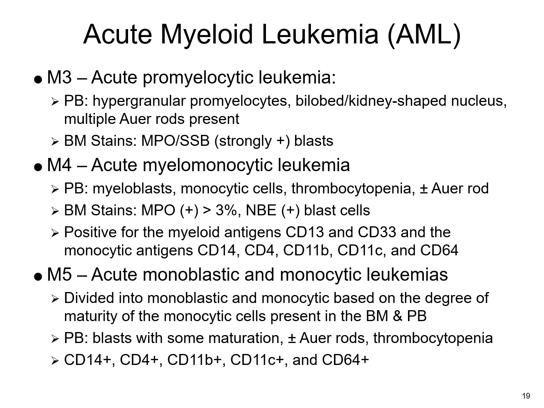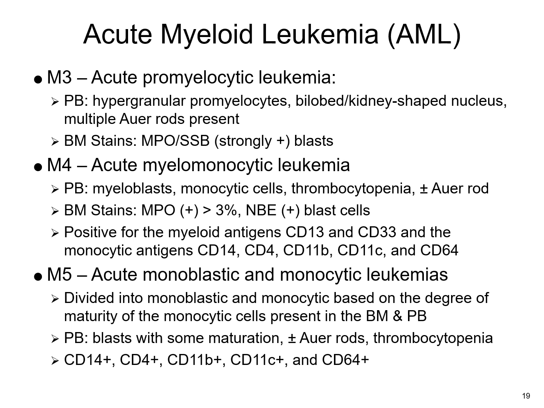And then your further classifications, once you hit that M3, you're going to have some real strong positive reactivity with your myeloperoxidase or your Sudan black B stains. With this particular one, your book doesn't really mention much about it. You can still see this in a lot of your cell atlases. They'll still describe this classification here. But you're looking for that bilobed kidney-shaped nucleus with those Auer rods being present.